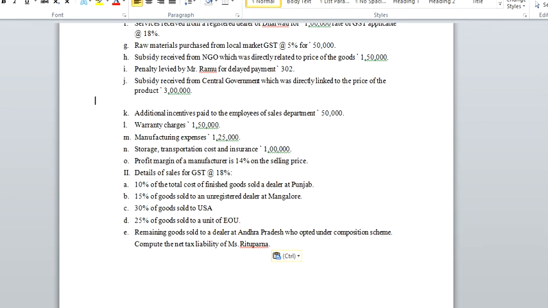Remaining goods sold to a dealer at Andhra Pradesh who opted under composition scheme. ಸೊ ರಿಮೈನಿಂಗ್ ಗೂಡ್ಸ್ನ ಆಂಧ್ರ ಪ್ರದೇಶ್ ಡೀಲರ್ಗೆ ಸಪ್ಲೈ ಮಾಡ್ತಾ ಇದ್ದಾರೆ, ಕಾಂಪೋಸಿಷನ್ ಸ್ಕೀಮ್ ಅಂಡರ್ ಅವ್ನು ರಿಜಿಸ್ಟರ್ ಆಗ್ಯಾನೆ, no problem. ರಿಮೈನಿಂಗ್ ಎಷ್ಟು ಅಂತ ನಾವು ಈಗ ಕ್ಯಾಲ್ಕುಲೇಟ್ ಮಾಡ್ಬೇಕು.